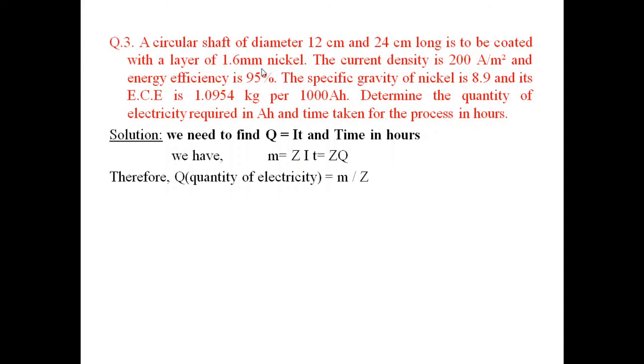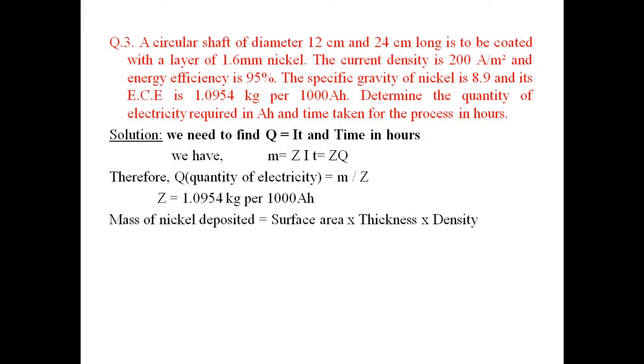So the mass of the nickel which is deposited on the shaft can be given as surface area into thickness into density. See, mass of nickel will be in terms of kg. Now thickness of that nickel will be in terms of meter.